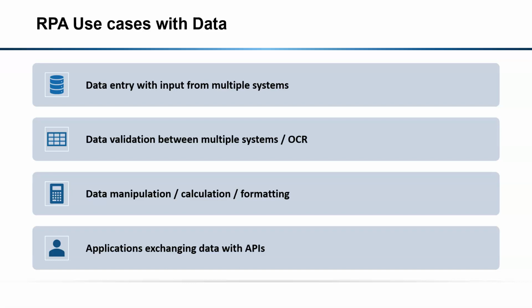If we use RPA, that character recognition, extracting the information and validating with some other application can happen with RPA. And data manipulation, calculating, formatting, or data exchange between applications. So these are some of the use cases, just categorizing from a data perspective.